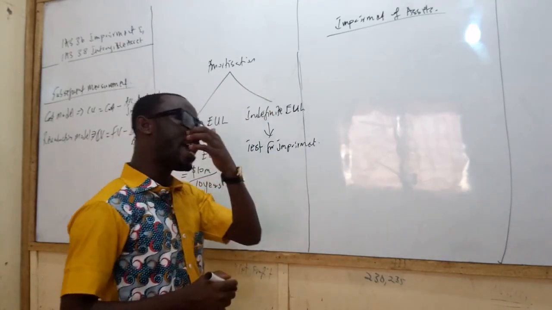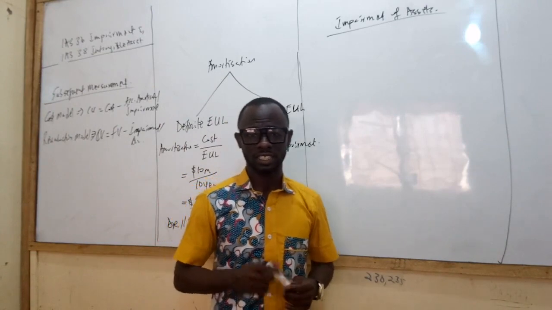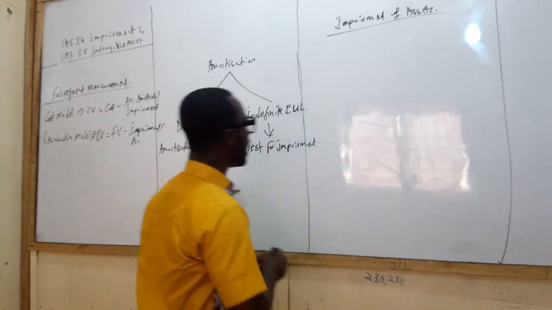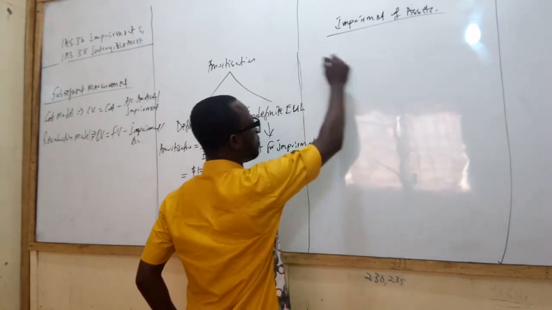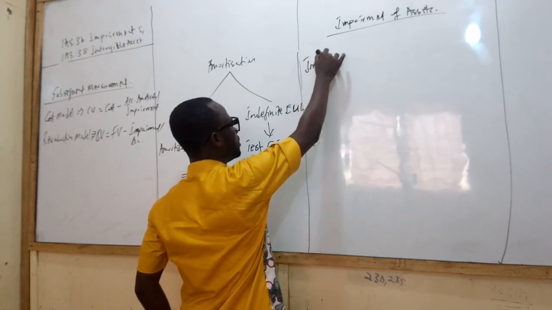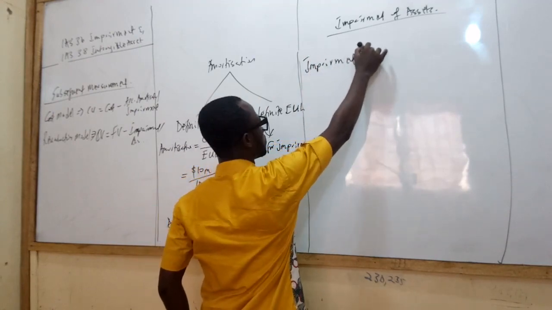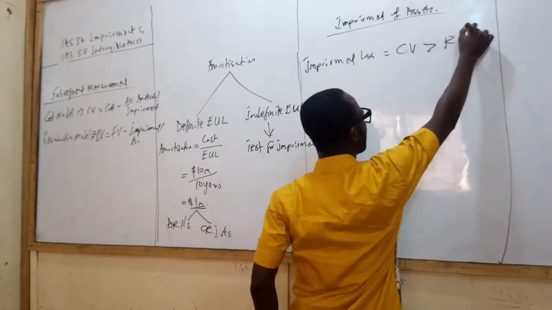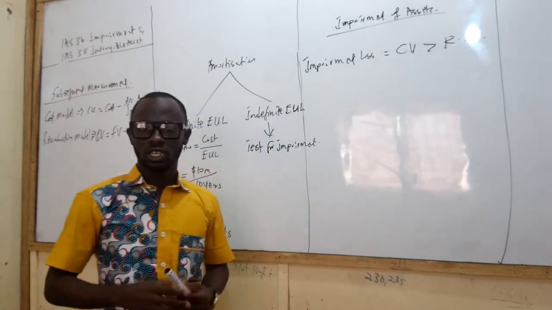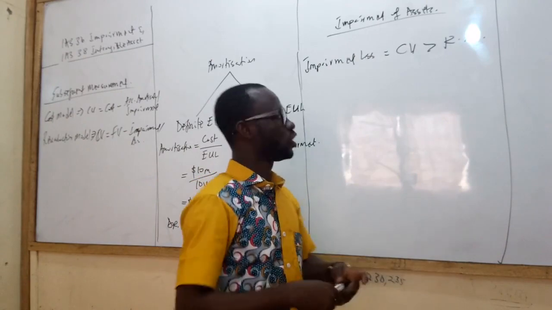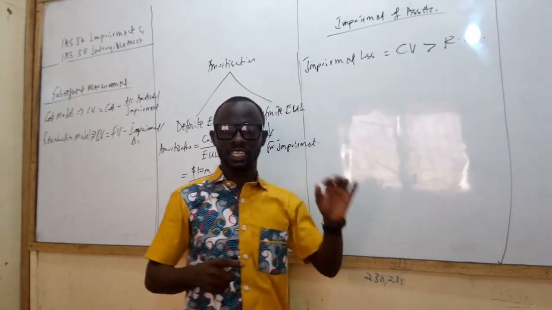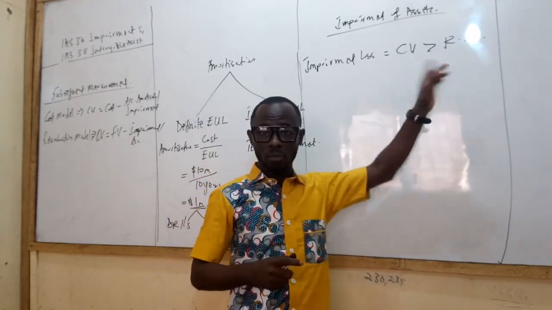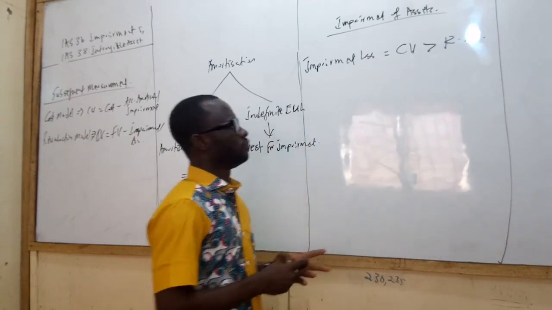So when it comes to IAS 16 impairment of assets, it states that an asset is said to be impaired, so there is an impairment loss, when the carrying value of the asset is greater than the recoverable amount of the asset.